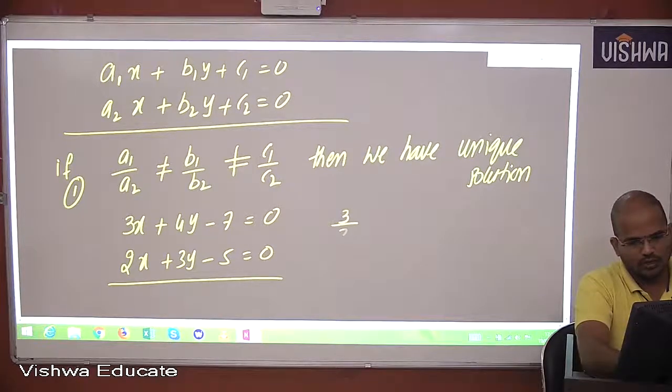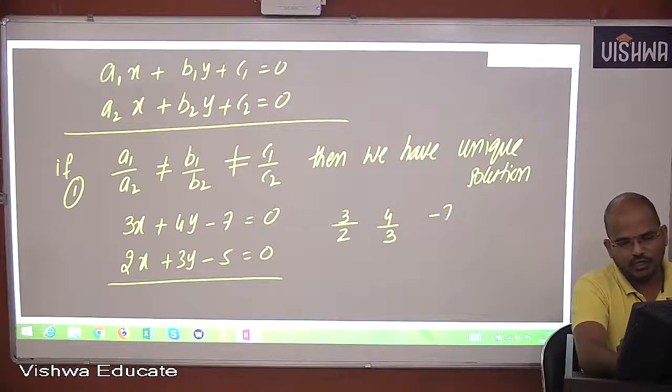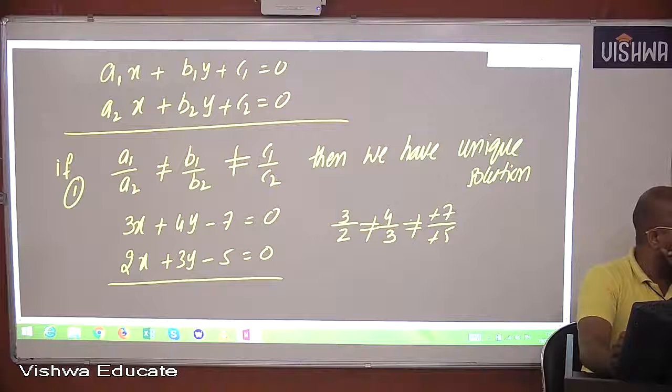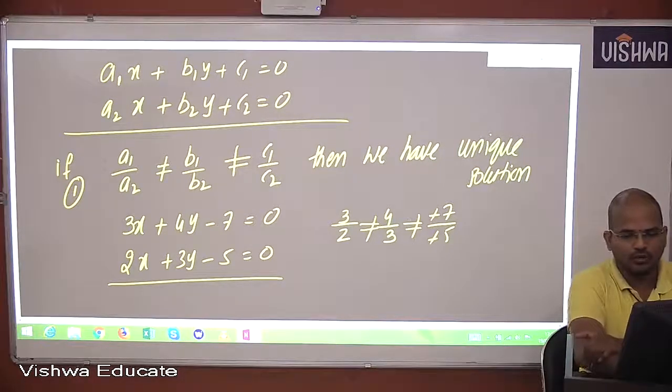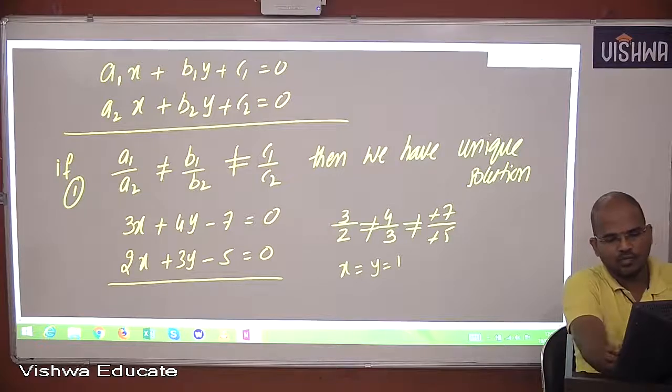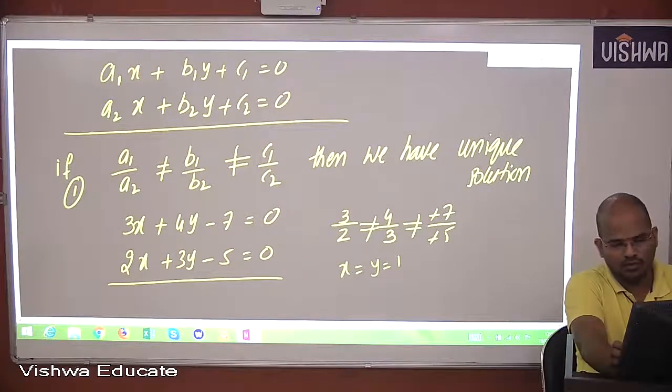So 3 by 2, 4 by 3, minus 7 by minus 5. So they are not equal. Are they equal? No. As they are not equal, I'll get x equals y is equal to 1. So 3 plus 4 is 7, minus 7 is 0. 2 plus 3 is 5, minus 5 is 0.